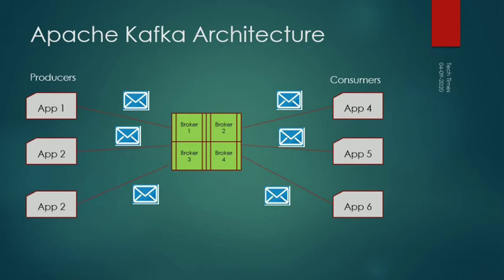Now we already know that Apache Kafka has very high throughput. What does high throughput mean? It means that it can efficiently distribute its load and process it in parallel across multiple nodes. Now how does Apache Kafka achieve that?